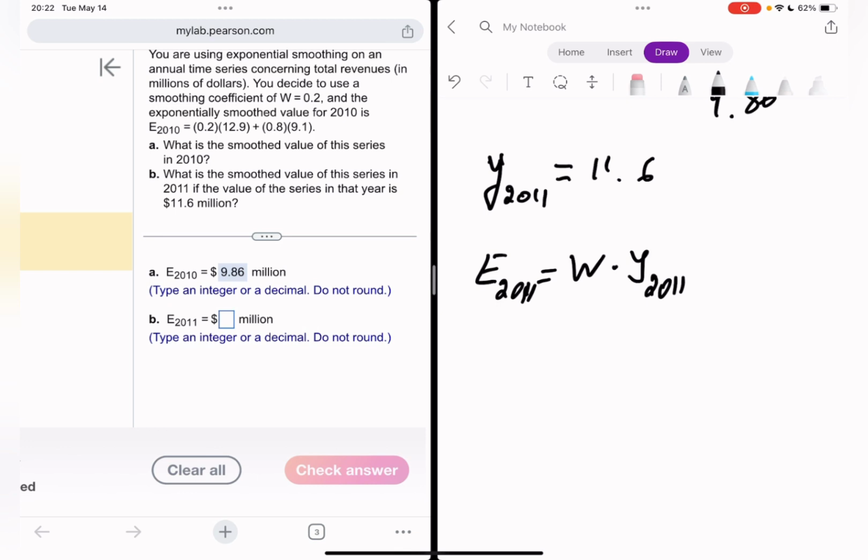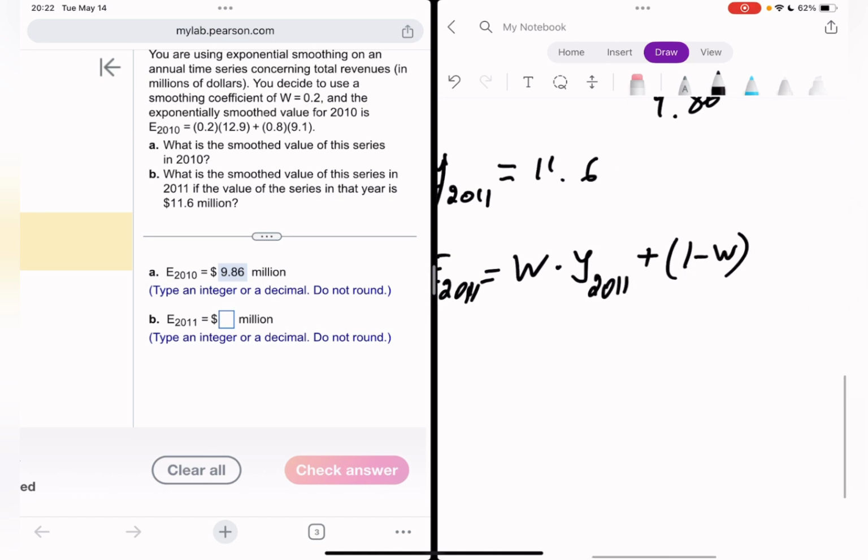So weight times year 2011, and then plus whatever is left over from the weight, 1 minus W, times E 2010, the value of the exponential smoothing series for the previous year.